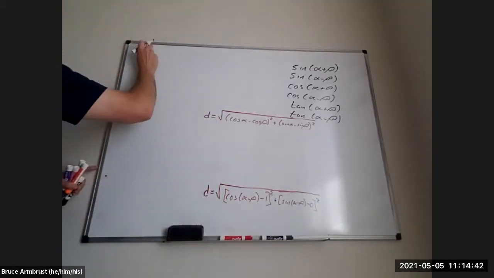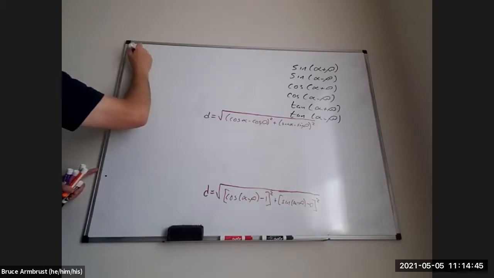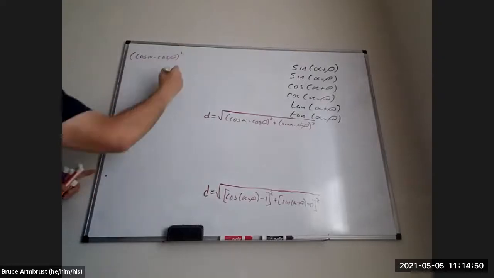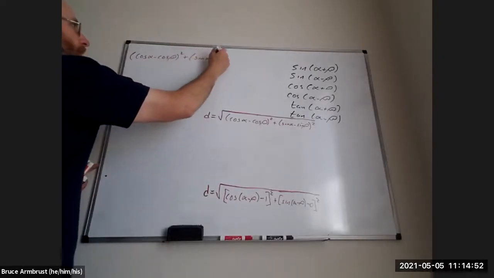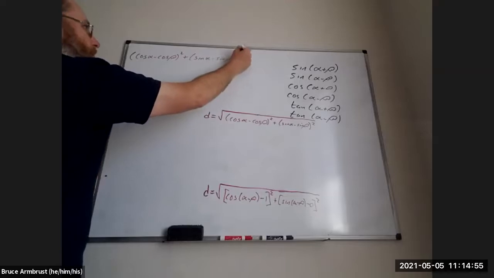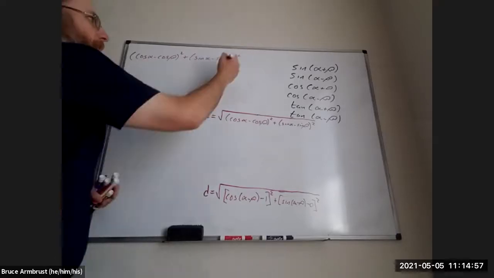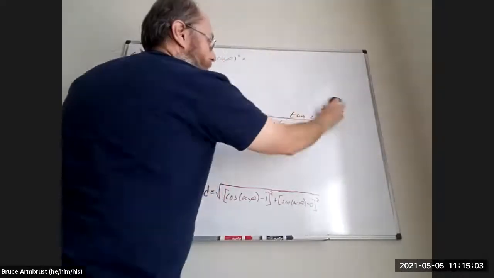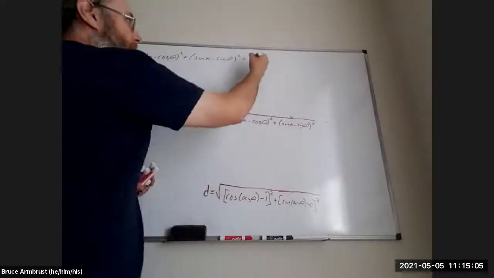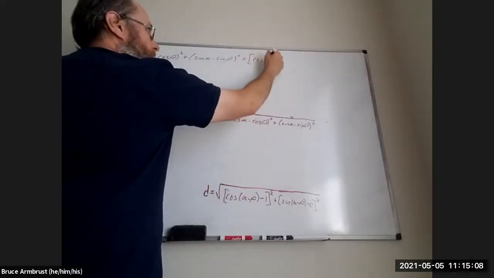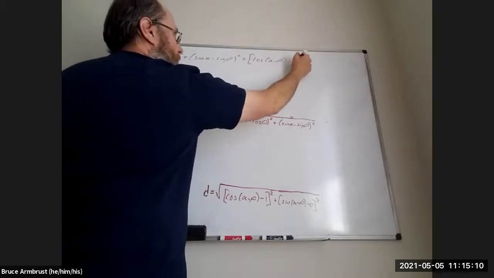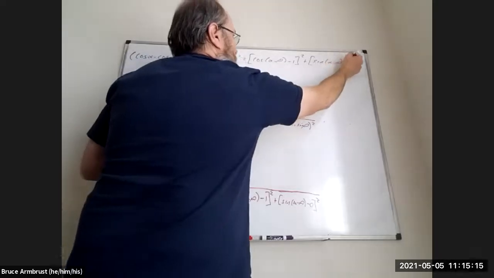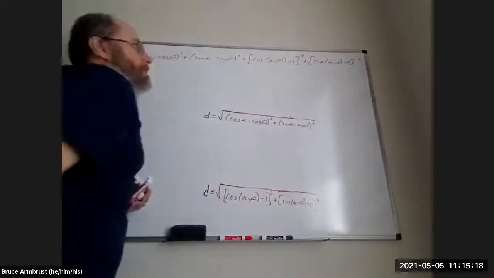So just to start the algebra, we're going to get cosine of alpha minus cosine of beta, that thing squared, plus sine of alpha minus sine of beta squared. That's going to equal, and I'm going to have to go all the way across the board now, cosine of alpha minus beta minus 1 squared plus sine of alpha minus beta minus 0 squared.